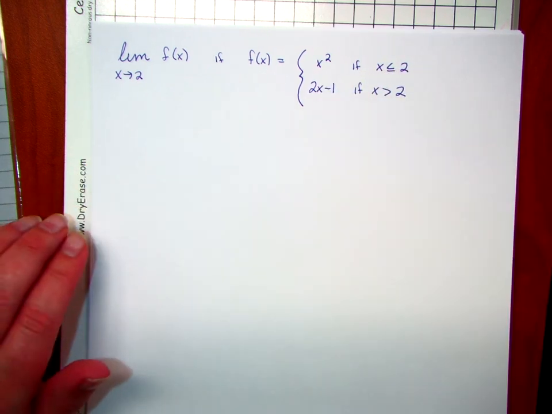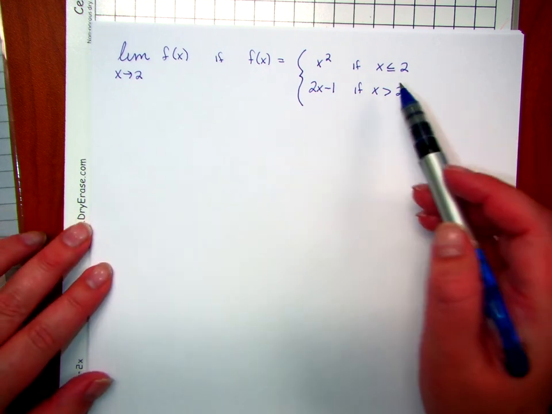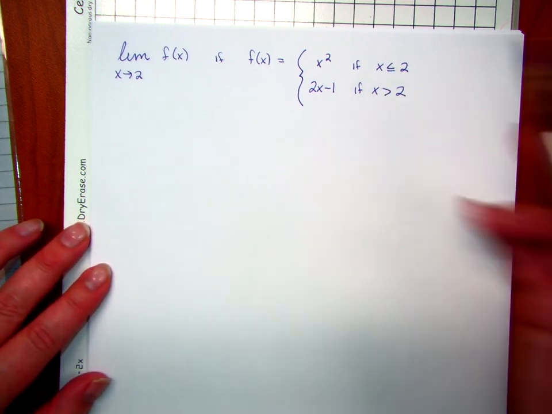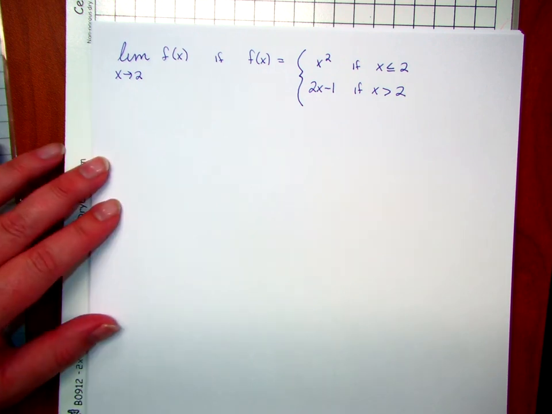All right, so we're evaluating the limit as x approaches 2 this time of our function. And notice that our function is 2 different functions on either side of 2. All right, so we have to make sure when we fill out our table, we're using the correct function.